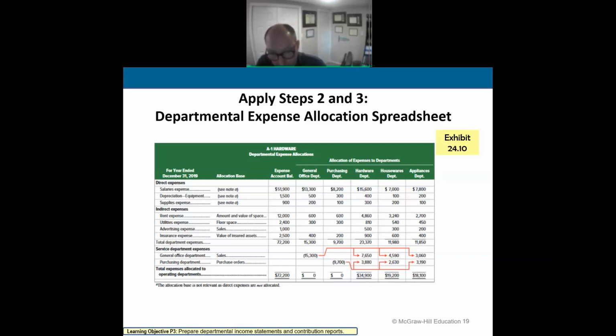Floor space, sales, a percentage of sales, use of assets, etc. And then I also allocate my service department expenses to my other departments based off of their usage, of course. Number of employees, purchase order numbers, etc. This is the process of allocating.